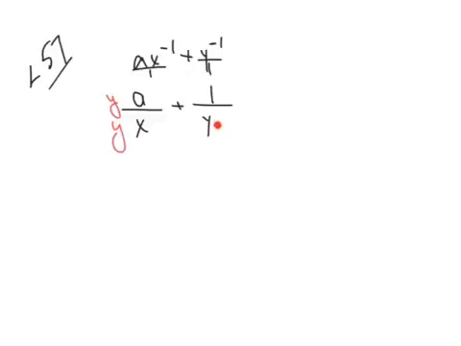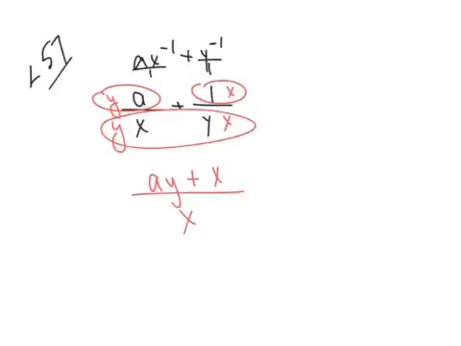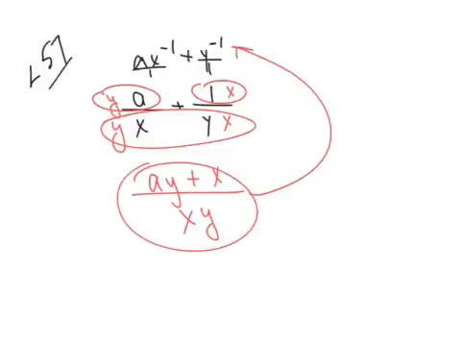And what am I missing here? I'm missing an x, so I'm going to multiply top and bottom by x. So I've got ay plus x all over my common denominator, which is just xy, and I'm done. That is the sum, and I have all positive exponents.